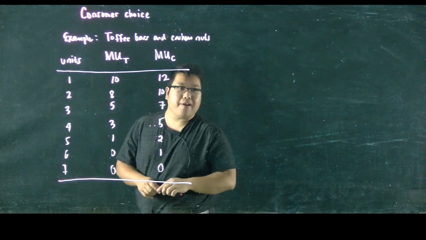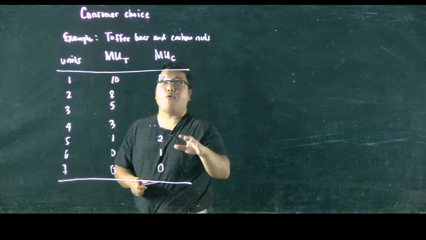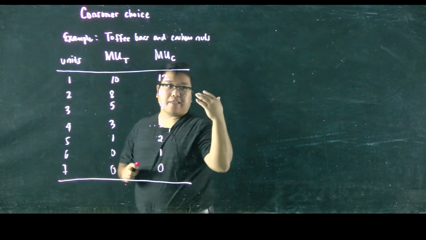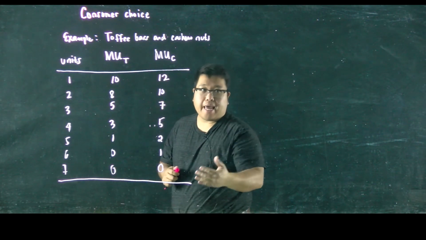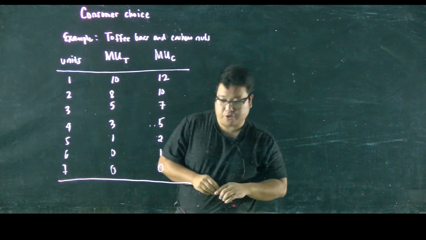So there are two criteria that need to be satisfied in order for our consumer to maximize their utility and at the same time satisfy their budget constraint.